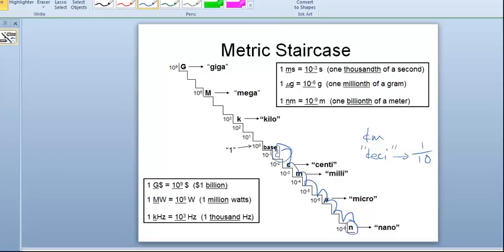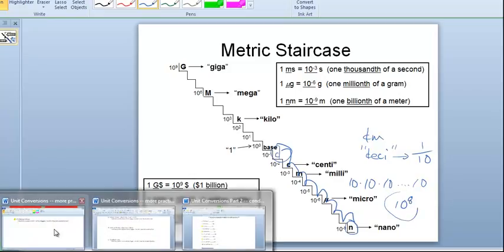What that means is there is a difference of 8 powers of 10 that separate these two units. So that's 10 times 10 times 10, and so on, until you have 8 of them, or 10 to the 8th power. That's what that really means.